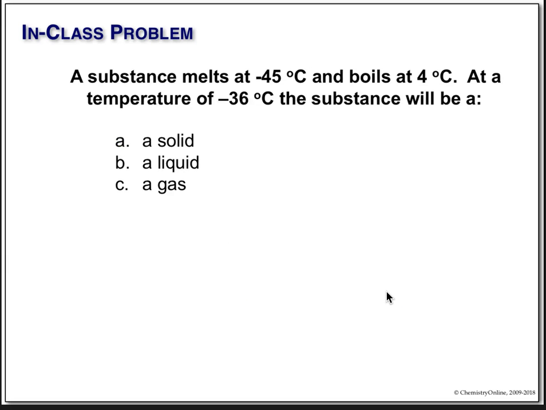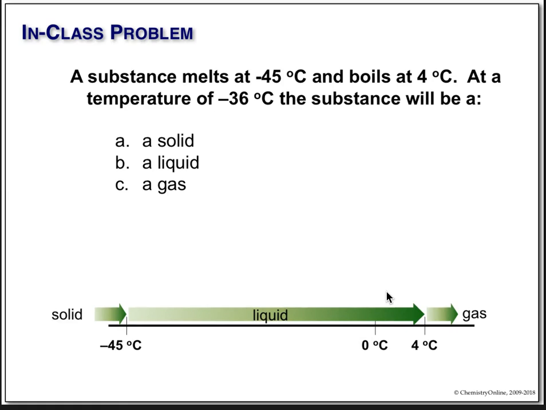Melts at minus 45, boils at 4. What is it at minus 36? People always have trouble with negative numbers. Here we are. Melts at minus 45, boils at 4 degrees. We're at minus 36, where it's a liquid.